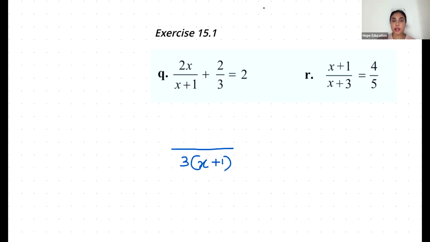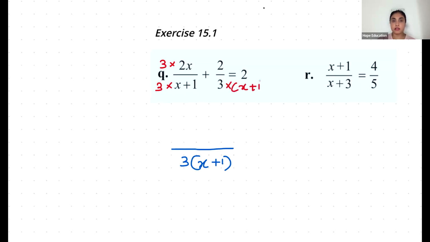Now here x plus 1 is there, but 3 is not there. So I'm going to multiply this by 3. So I have to do the same to the numerator. If you take this fraction in the denominator, 3 is there, but x plus 1 is not there. So here I have to multiply the denominator by x plus 1.